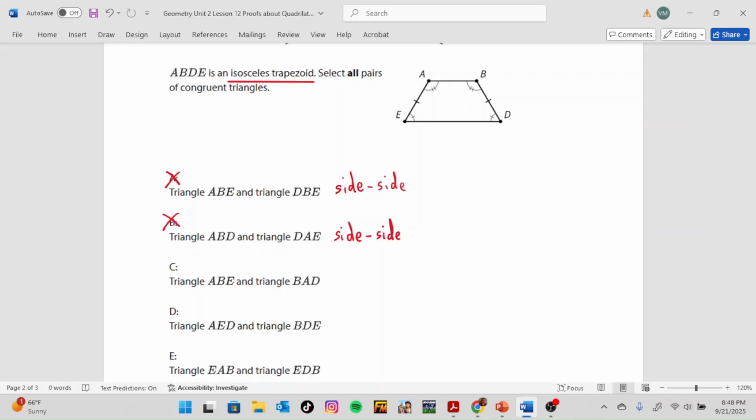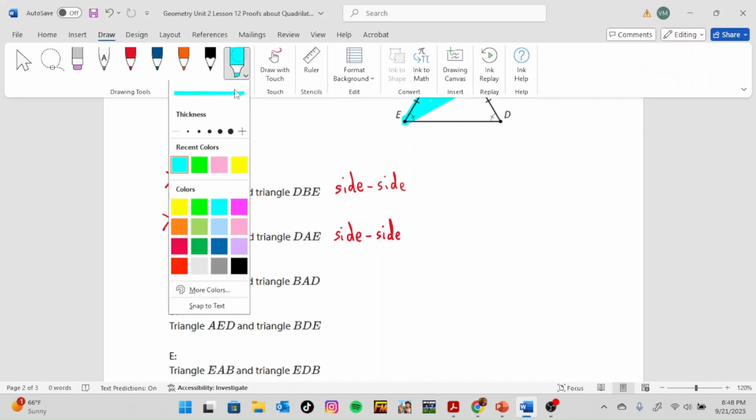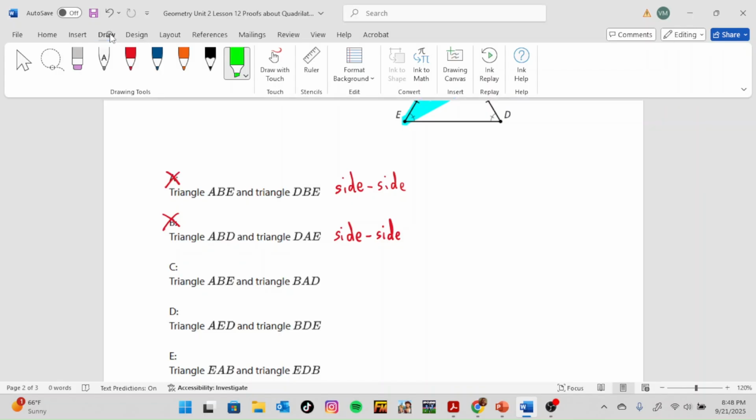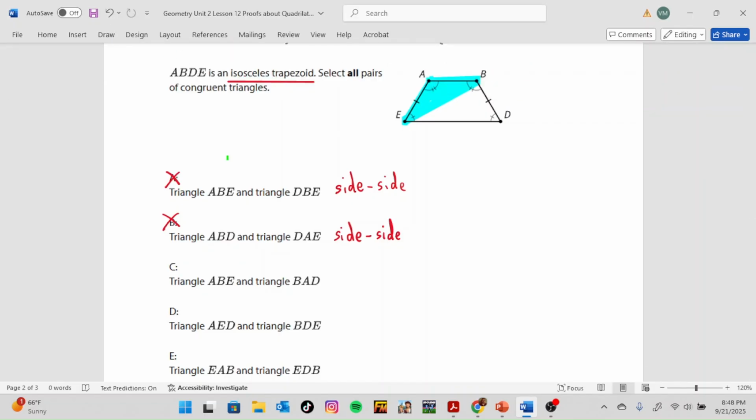Choice C. Triangle ABE. So A, B, B to E, and then E to A. We have this blue triangle up here. And triangle BAD.